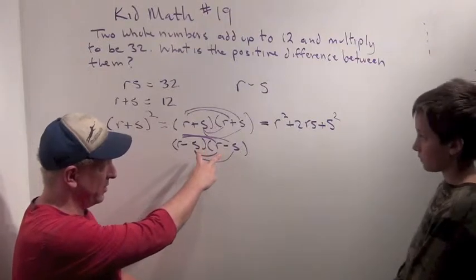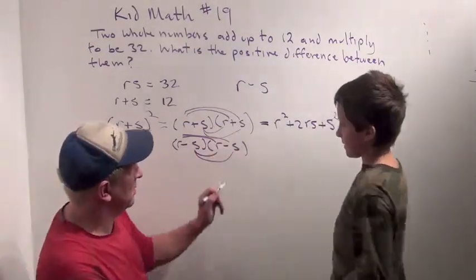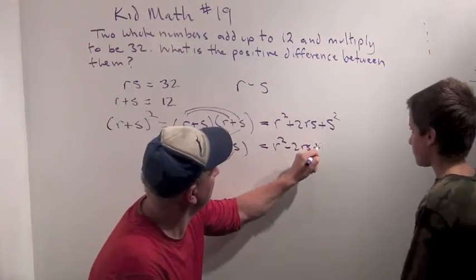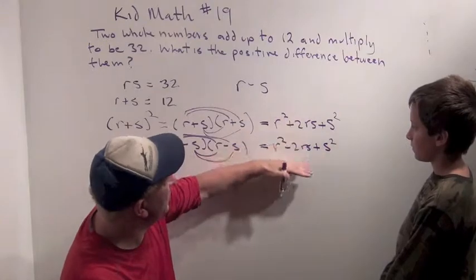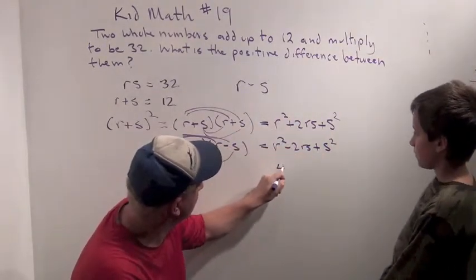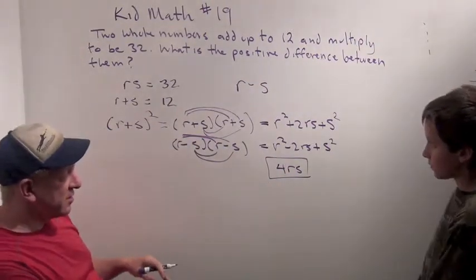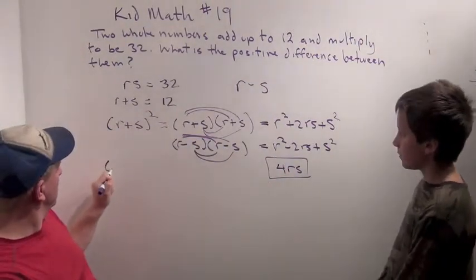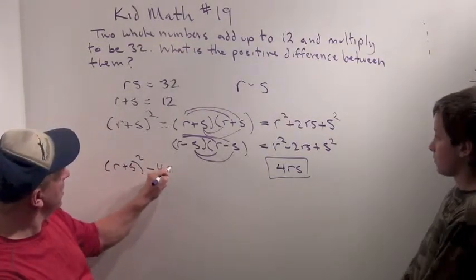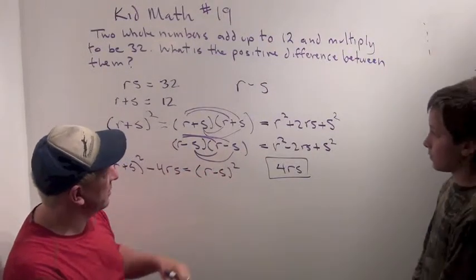Why is it plus s squared? Because minus times minus is plus. The difference between these two, this minus this, is 4rs. So in just an algebraic equation, r plus s squared minus 4rs equals r minus s squared.